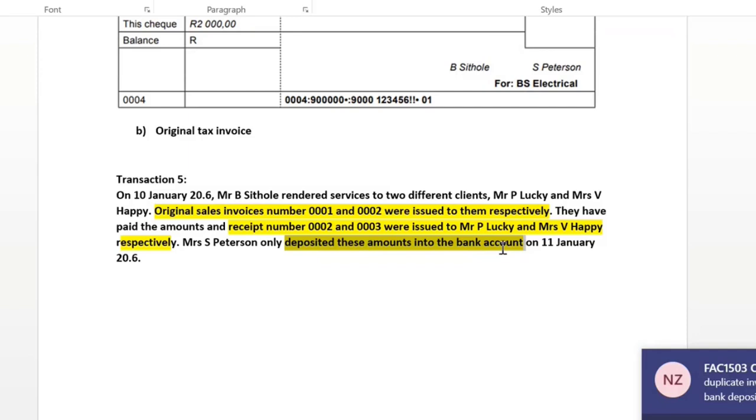And number three, if we've made a bank deposit for the amount of money that we received, we can't have the original deposit slip. If I deposit money, the bank doesn't give me the original deposit slip. They take the original and I'm left with what?